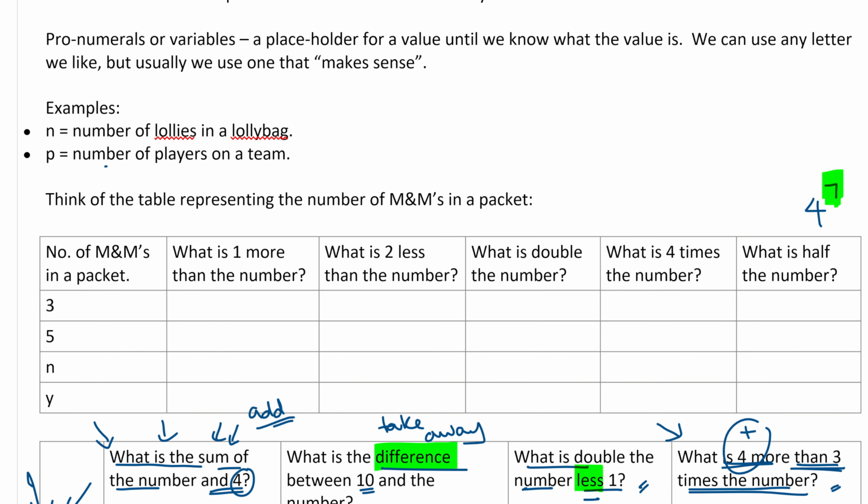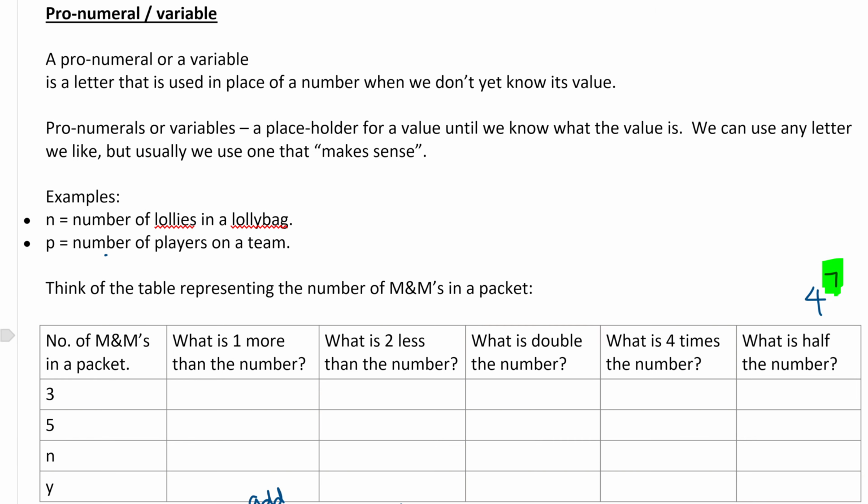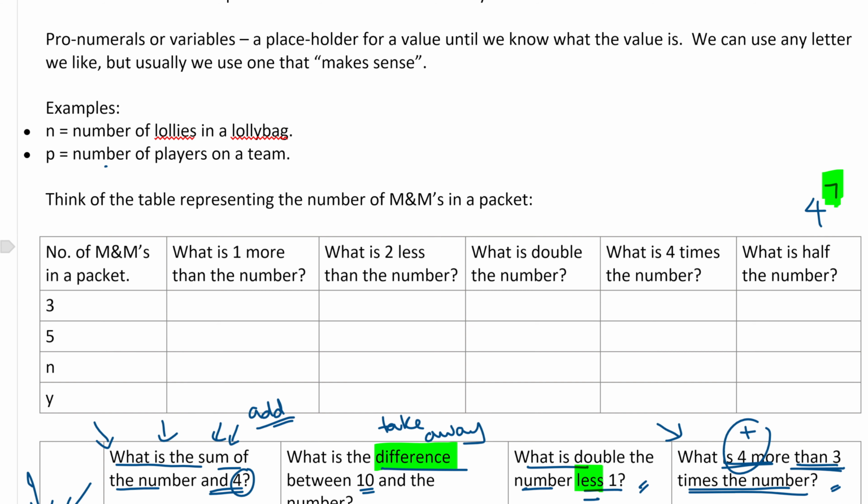Do we just leave the ones with the letters? That's correct, because you cannot work out what it is. Let me give you an example here. I'm going to leave these for you to do, but I'll do one from this side.